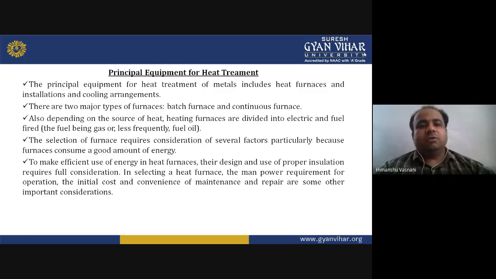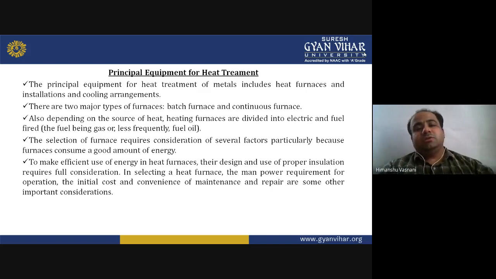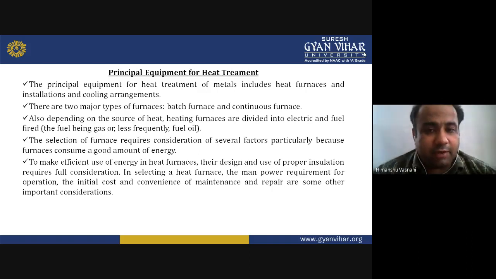Depending on the source of heat, heating furnaces are divided into electric and fuel fired, the fuel being gas or, let's say, secondary fuel oil.